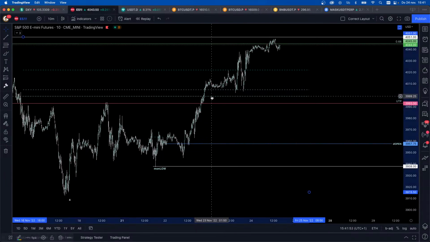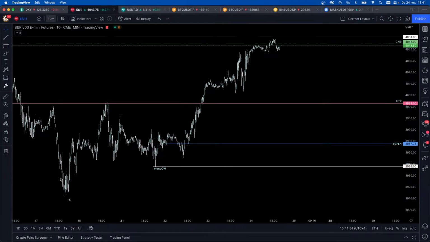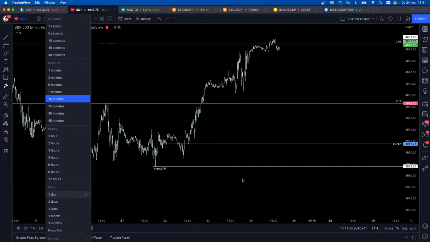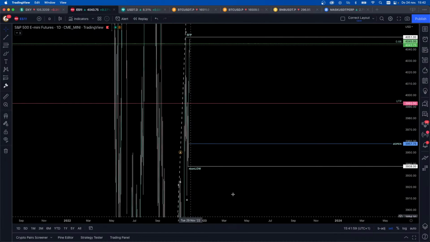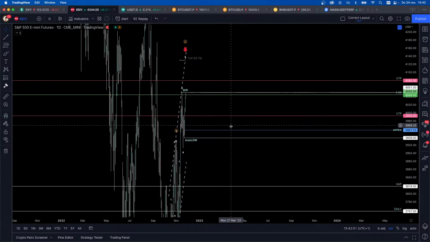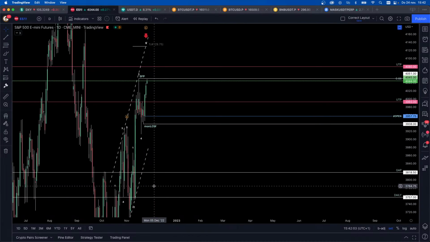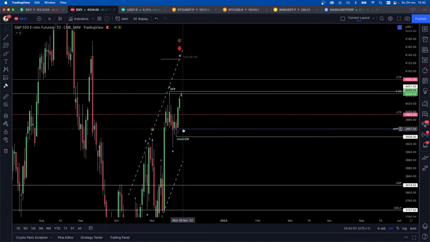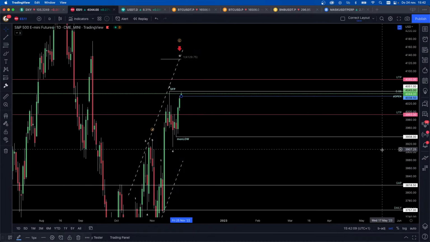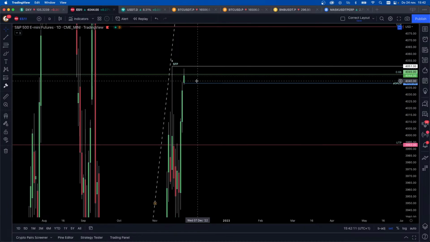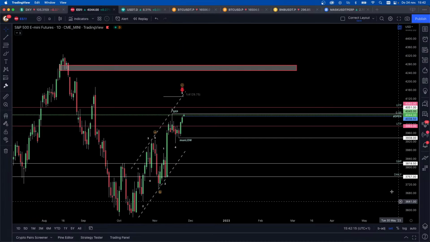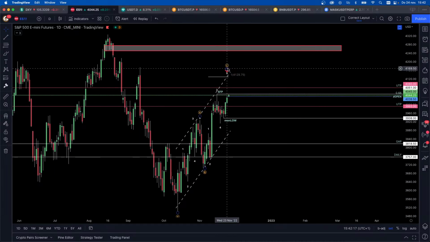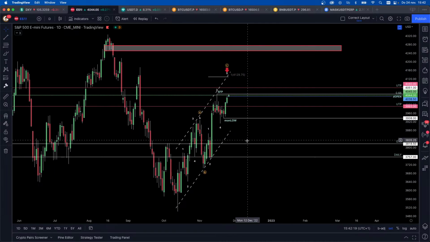So I'll just start on a daily chart like I do with all my coins or charts at the beginning of my day. And you look where the daily open is. You place your daily open here. This is still an analysis from before.